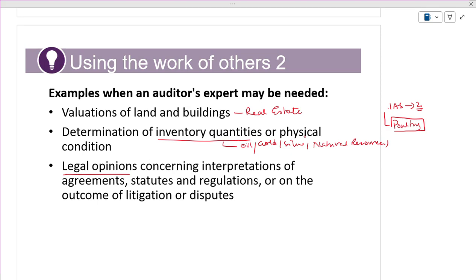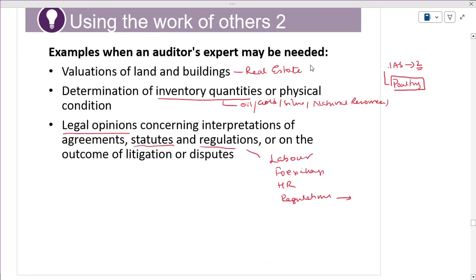It is interpretation in terms of statutes and regulations, Oman labor law. You should think about the labor law, the foreign exchange law, and the HR law. You have to think about the regulations. Every industry has different regulations.